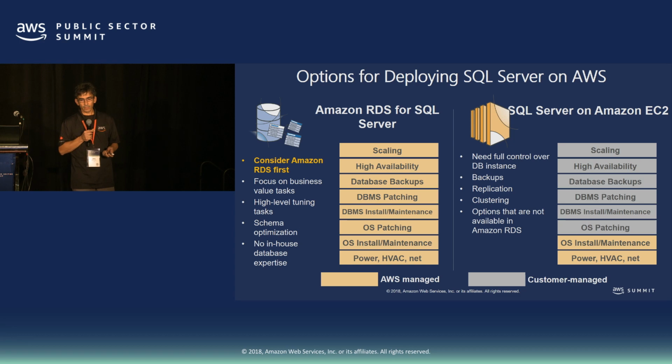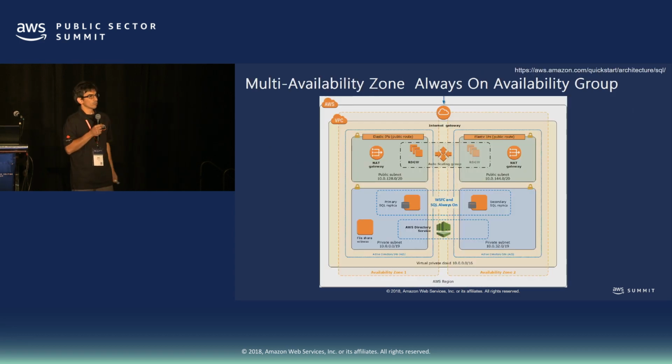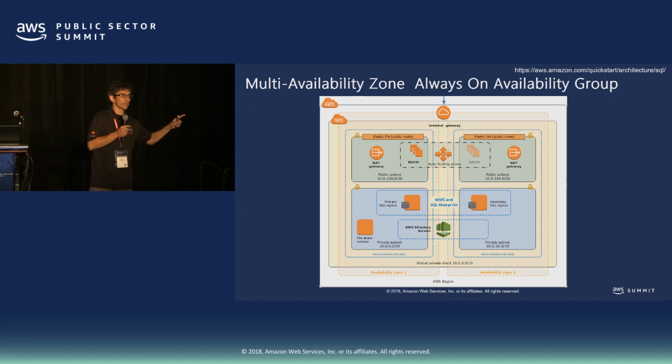And then by having SQL Server running on EC2 instances, you can also do some cool stuff, like setting up an AlwaysOn Cluster. So you can have AlwaysOn Cluster running on AWS. And that diagram that you see here, actually I copied from the quick start.